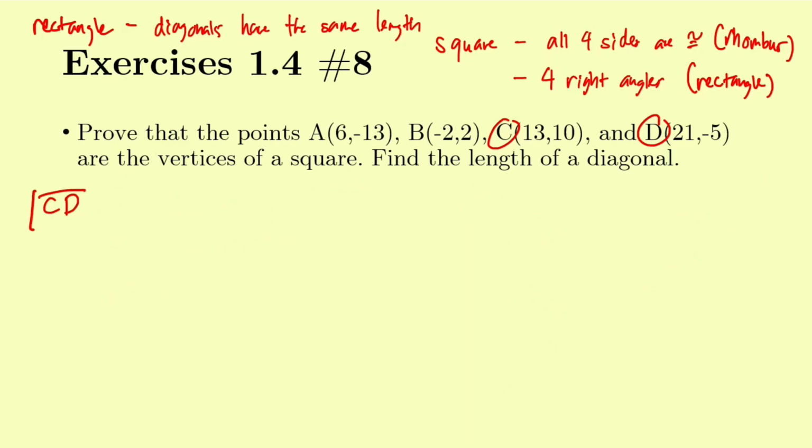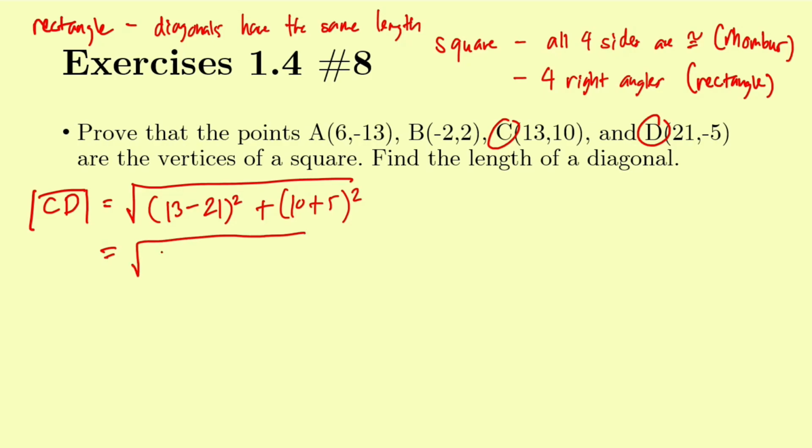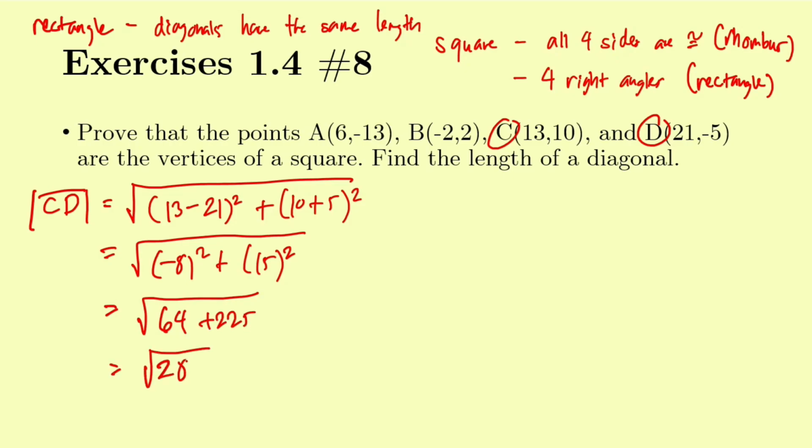For CD, let's use the distance formula. 13 minus 21 squared plus 10 plus 5 squared. And that's equal to square root of negative 8 squared plus 15 squared. That's equal to square root of 64 plus 225, totaling to square root of 289 and 17 nga siya.